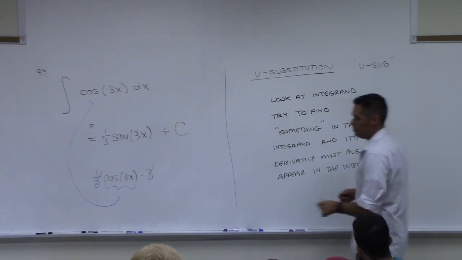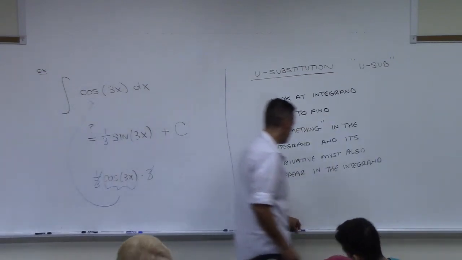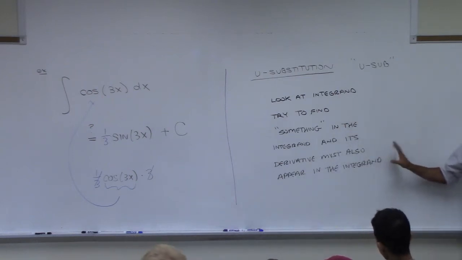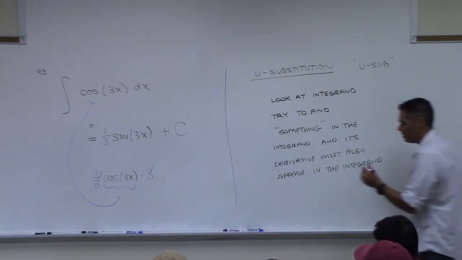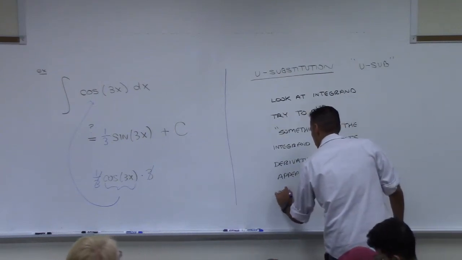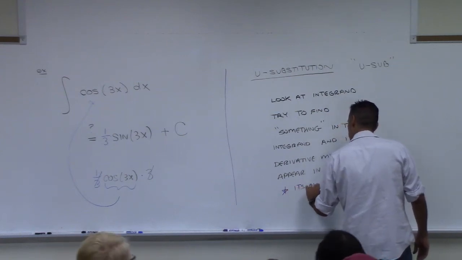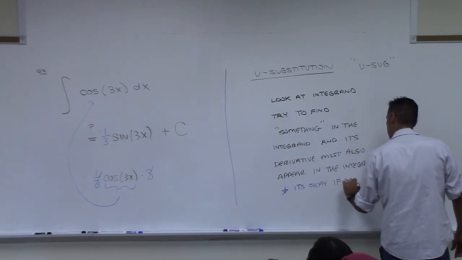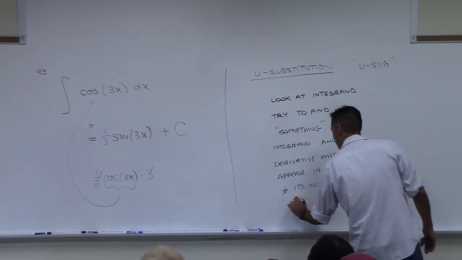All right, just copy it down, then I'll go through examples and explain what's happening here. But there's a little catch at the end of this. It's okay if the derivative is off by a constant.